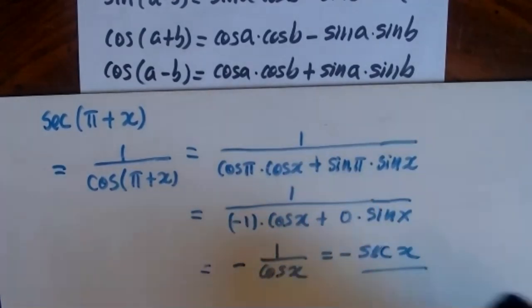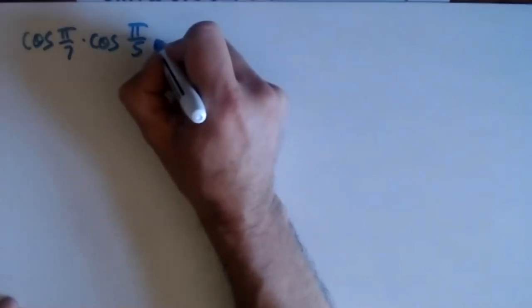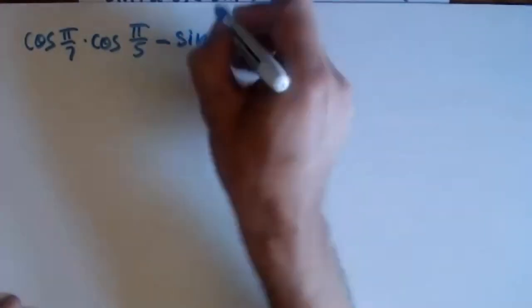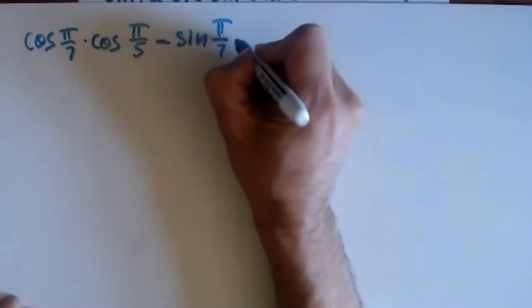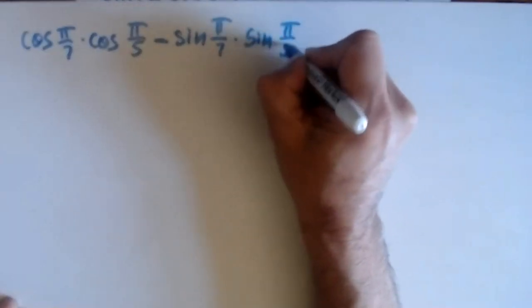So we have now combinations. They gave me now this one: cosine pi over 7 times cosine pi over 5 minus sine pi over 7 times sine pi over 5.